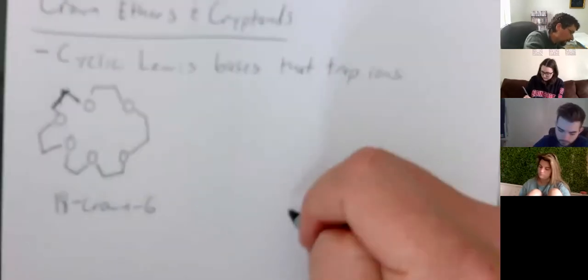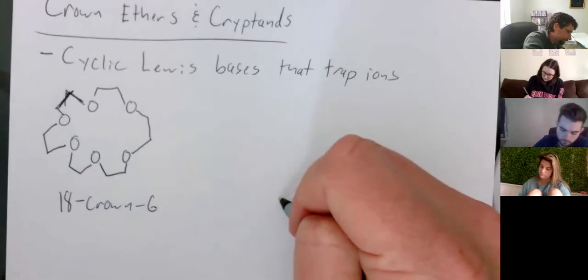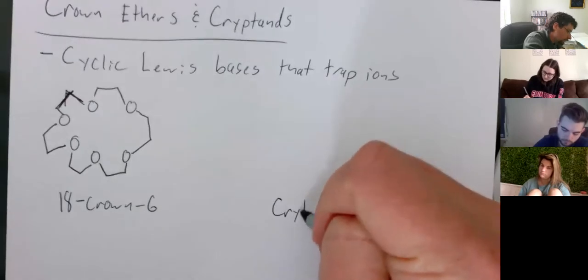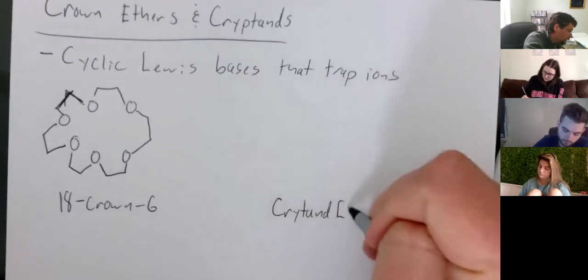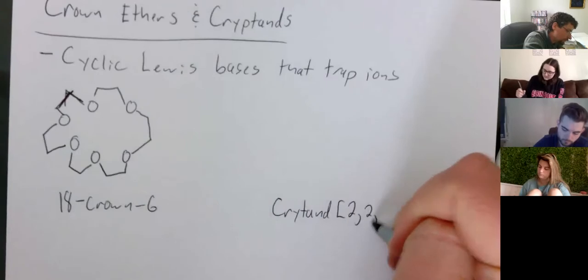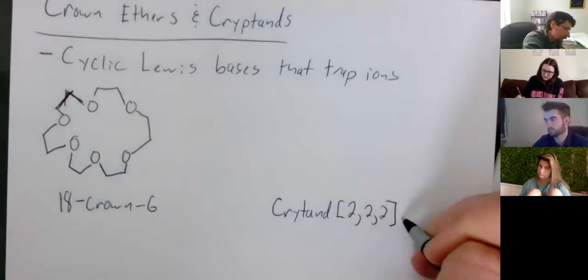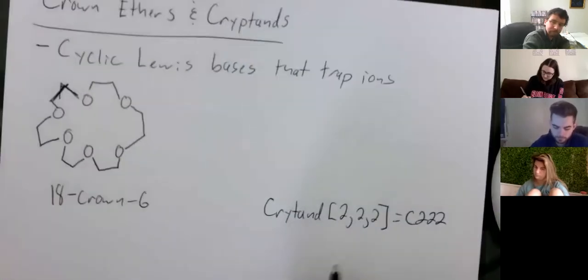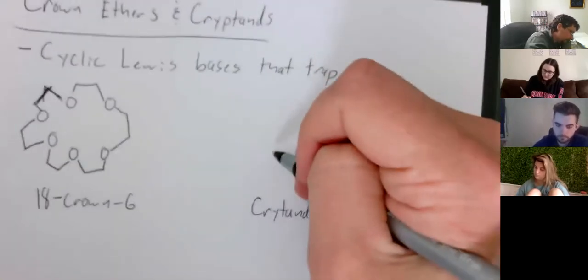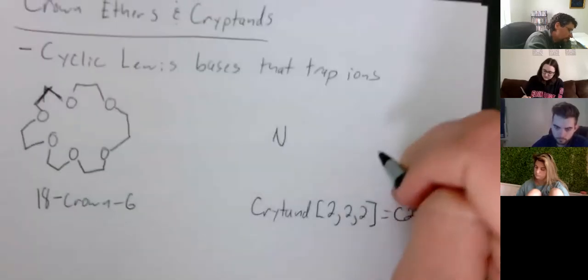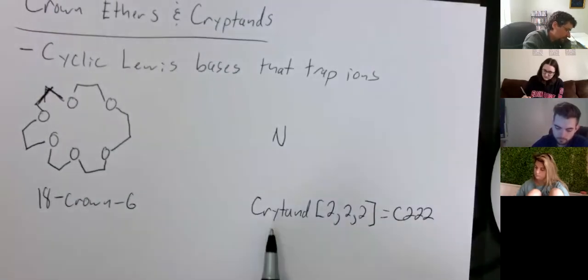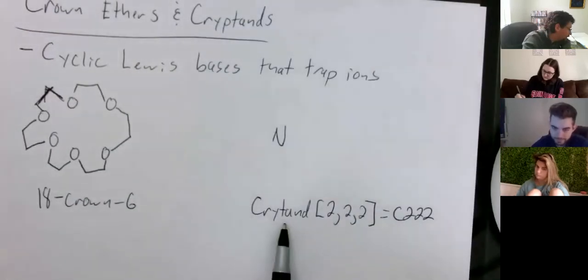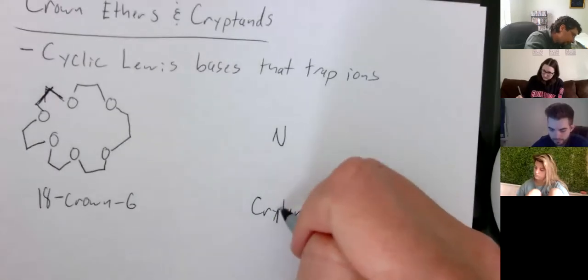So, for example, cryptand 2,2,2, or sometimes it would be shortened to C222. If we go to draw that one out, there are nitrogens. It's cryptand. Oh wait, there should be a D somewhere in there. There we go.